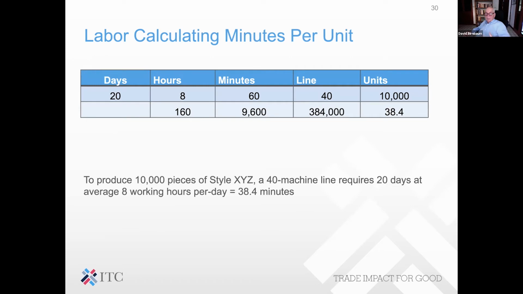You worked 8 hours a day, 60 minutes an hour, 40 machines in the line, and the 10,000 pieces each took 38.4 minutes. Okay, that's the basic information.